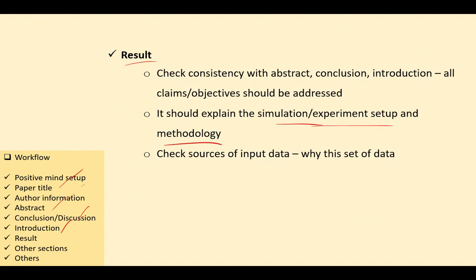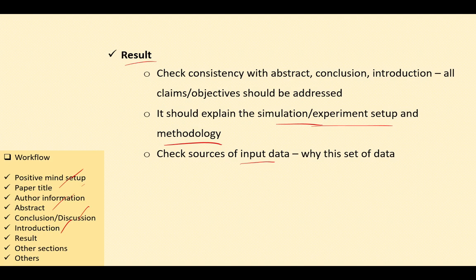Sometimes it is not easy to understand whether this input is valid or not. Then you have to go back and read all the other sections, proofs and equations. Then it will make sense whether this input data is valid or not. So first check whether the input data is given or not. If it is given, maybe they presented those data in a table. If it is presented, there should be an explanation of why they use this data.